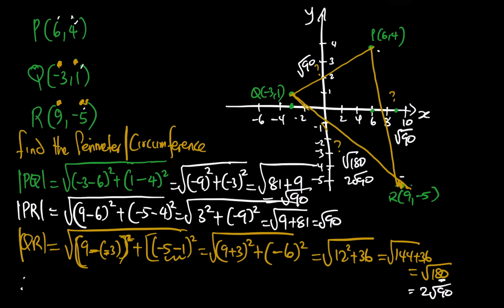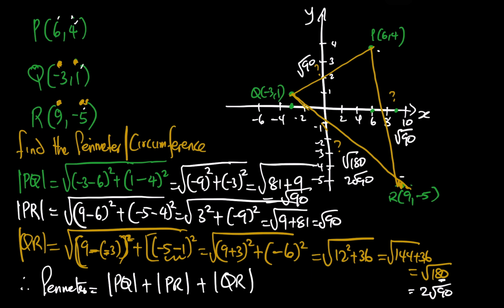Now, therefore, the perimeter is going to be the length of PQ plus the length of what? PR plus the length of QR, like this.